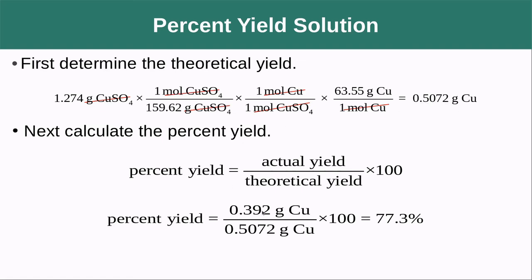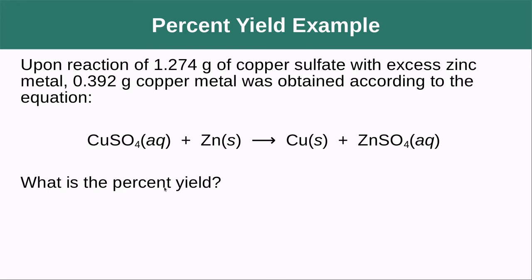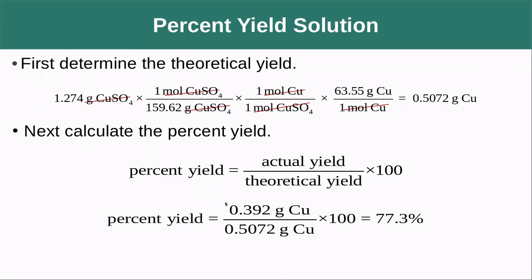Plugging in the actual yield that we got from the problem, we get 0.392 grams of copper divided by 0.5072 grams of copper times 100%. We got a 77.3% yield.